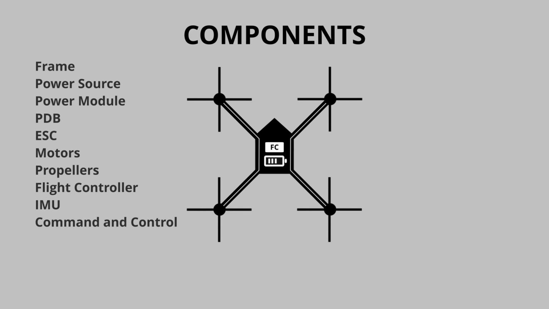Additional components that can often be seen in drones are sensors such as barometers to measure the pressure, which in turn gives information about the altitude of the drone. GPS, which gives, of course, position to the drone. A compass, which shows the direction of the drone. A LiDAR, which measures the distance to objects around the drone.